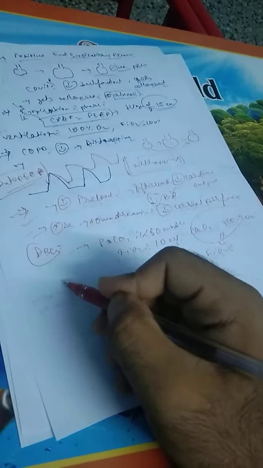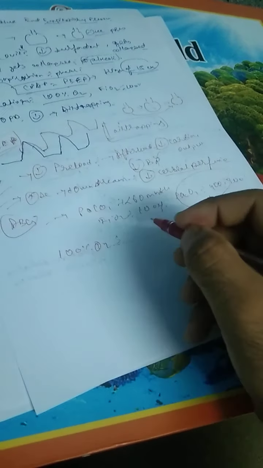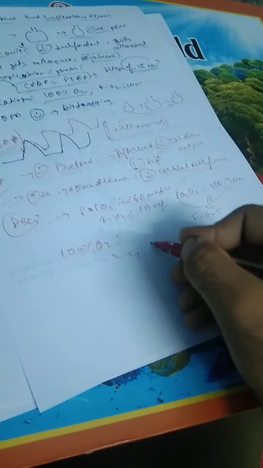But initially you have to start with the FiO2 that the ventilator provides, which is 100% O2. Then after assessing everything, the ABG, and the patient's clinical condition, we reduce. Our main aim is to reduce the FiO2 to 40%, and then we gradually wean. When weaning has happened, it means the patient is recovering, and after some time the patient recovers and gets discharged.